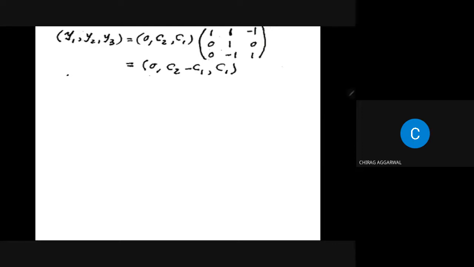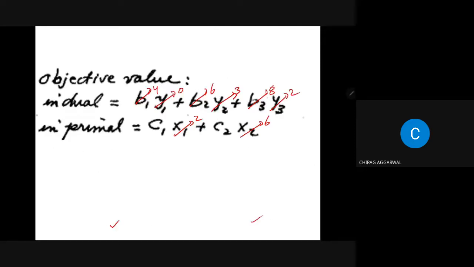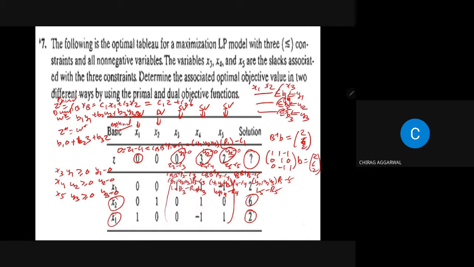Y1 y2 y3 corresponds to the basic variables. Basic variable order you have not to change. Basic variable order is x3 x2 x1.